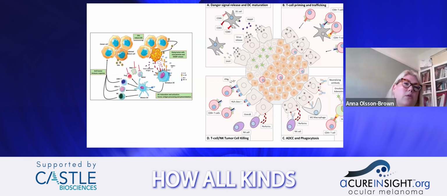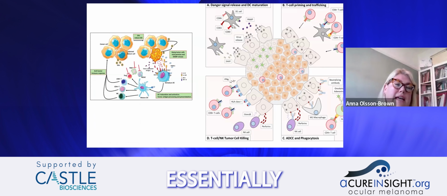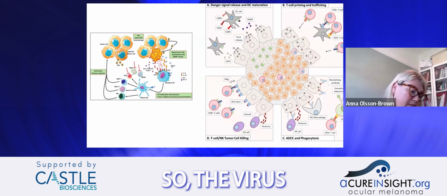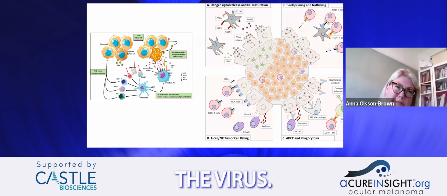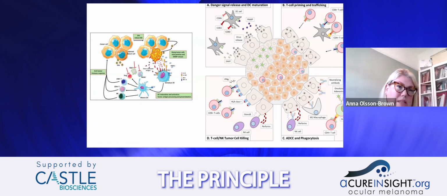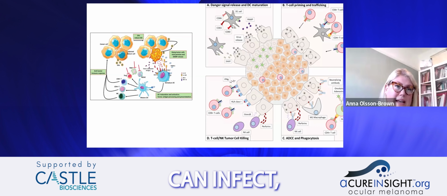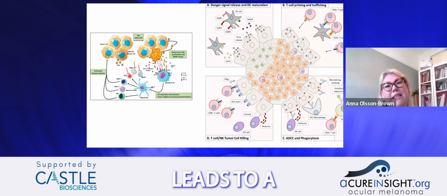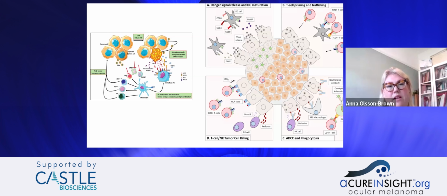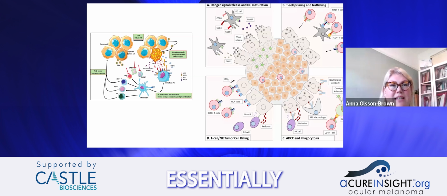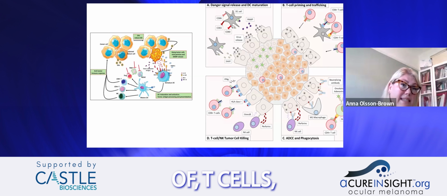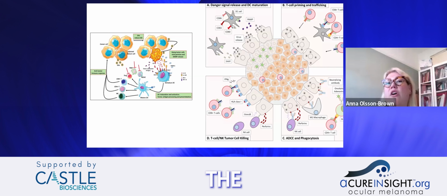When we think about how oncolytic viruses work, they do a number of things. The virus I'm going to talk about is called the RP2 virus. It's based on the principle that oncolytic viruses can infect malignant cells and cause direct cellular destruction, but that also leads to a series of downstream events, which lead to recruitment and efficacy of CD8 T cells, probably amongst other immune cells.